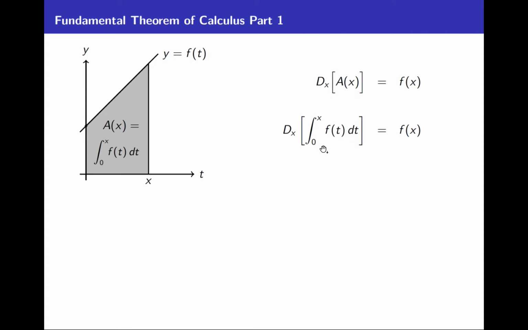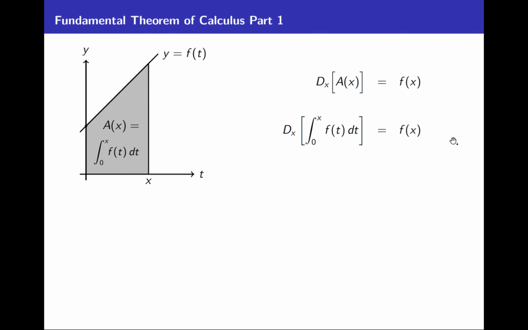Let me pause and point out that this integral from 0 to x, f of t dt, is a number that depends on x, so it's a function of x. And the equation over here is saying that the derivative of this function of x equals f of x.